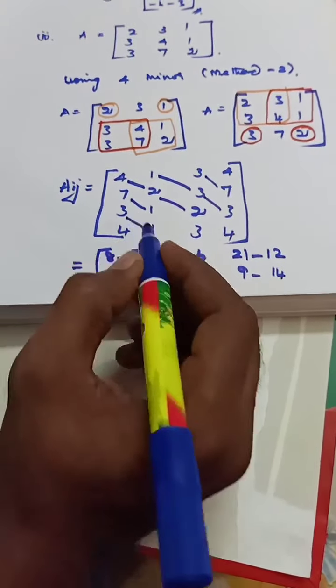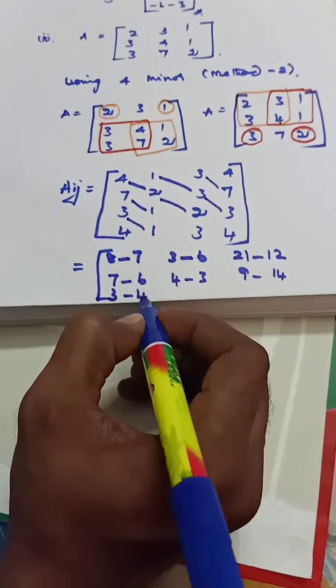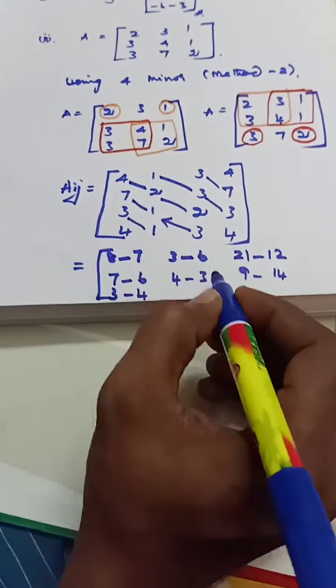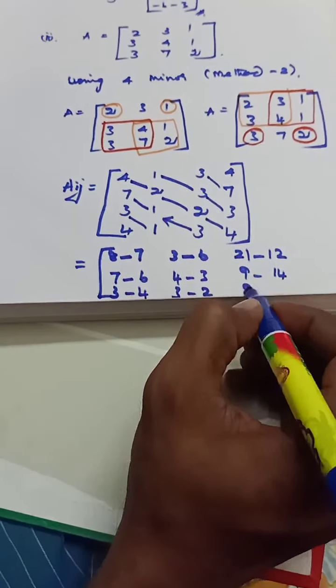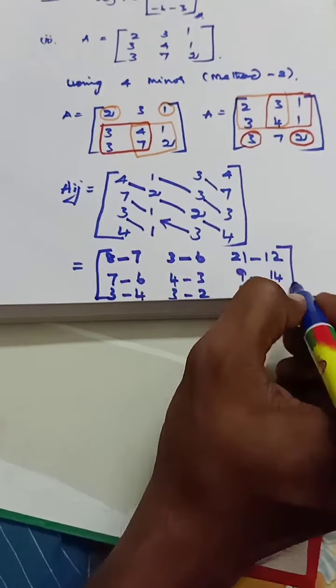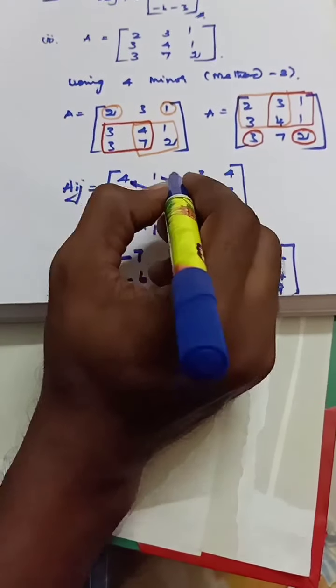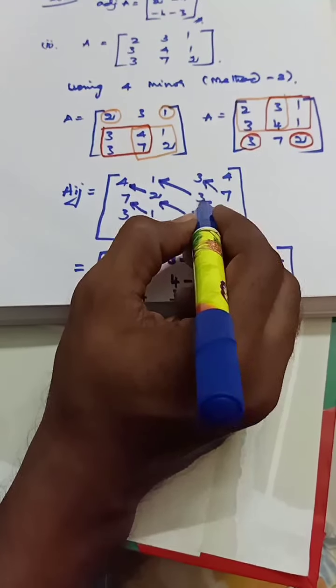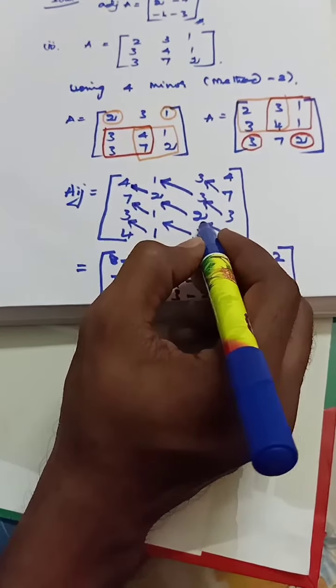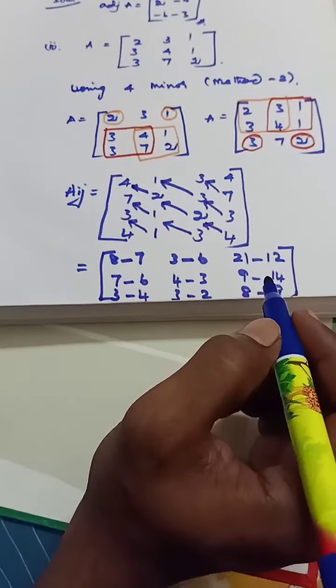And next this one becomes 3 minus 4, and again it is 3 minus 2, and it is 8 minus 9. So instead of doing A11, A12, A13, A21, A22, A23, you can follow like this. This is a simple method.